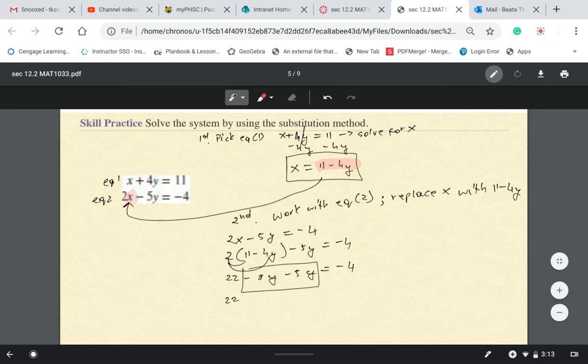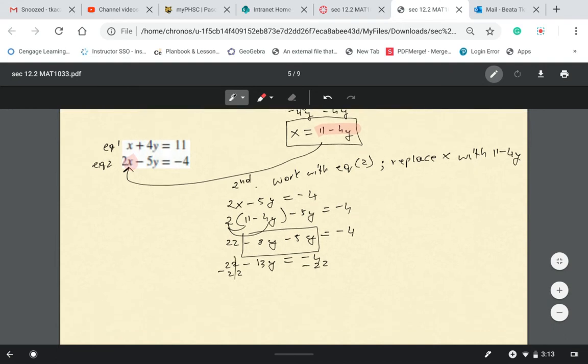So you're getting 22 minus 13y equal negative 4. And solve for y. We're subtracting 22 from both sides. And that will give you negative 13y equal negative 26. Divide both sides by negative 13. And we get that y is equal to 2.